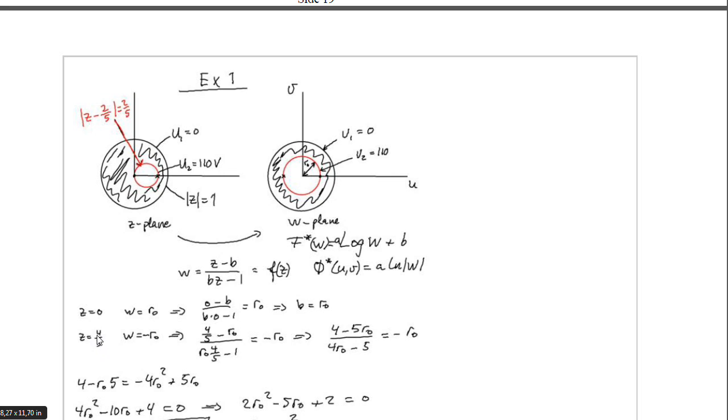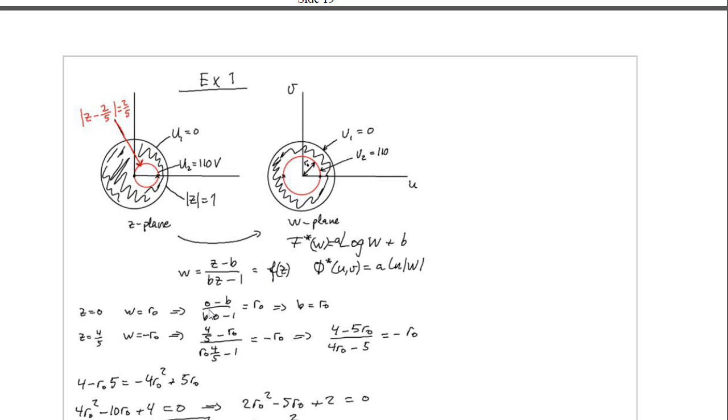And we insert this value into this Möbius transform, and we also insert the z value 0 into this Möbius transform, and we are mapping them onto these 2 values, w equal to R0 and w equal to minus R0, because they are on opposite places relative to the center of this circle.